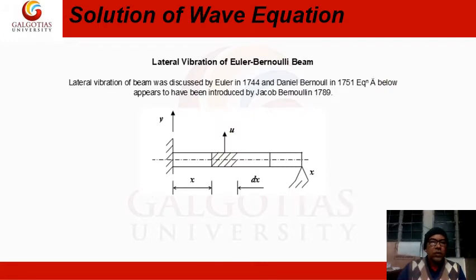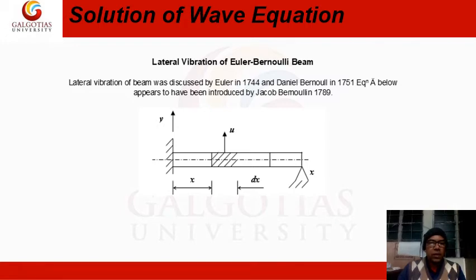Now we'll come to the lateral vibration of the Euler beam. Lateral vibration of beams was discussed by Euler in 1744 and Daniel Bernoulli in 1751, and the equation given below was introduced by Jacob Bernoulli.